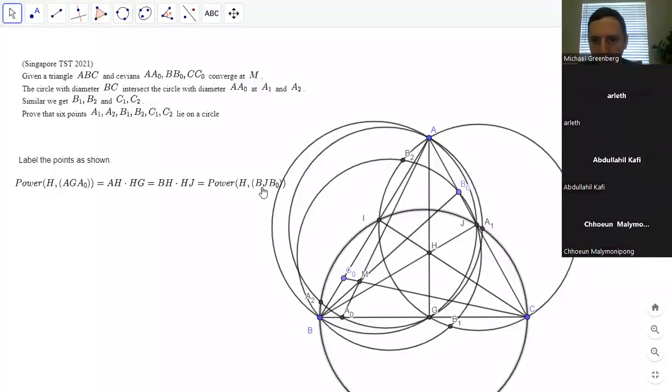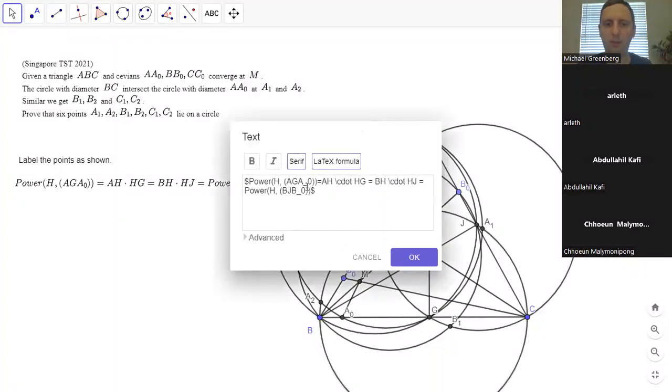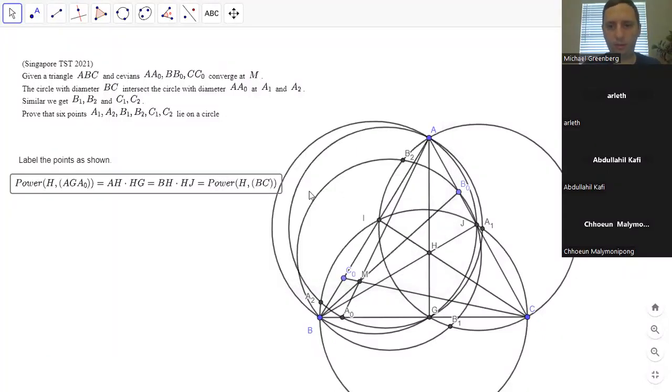Okay, so this circle I should change it to be B J C. Is that right? So yeah, circle B. I'll just write it like this: the circle with diameter BC. Okay, so that means that H, A1, and A2 are collinear.